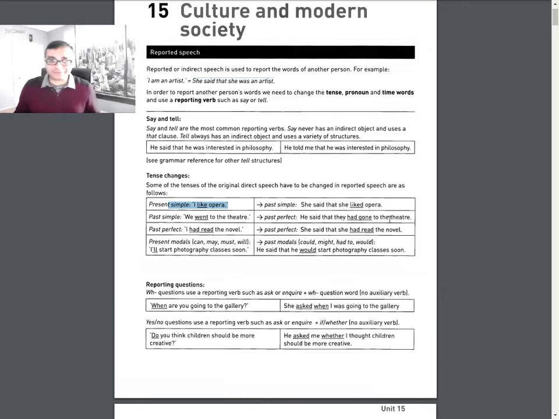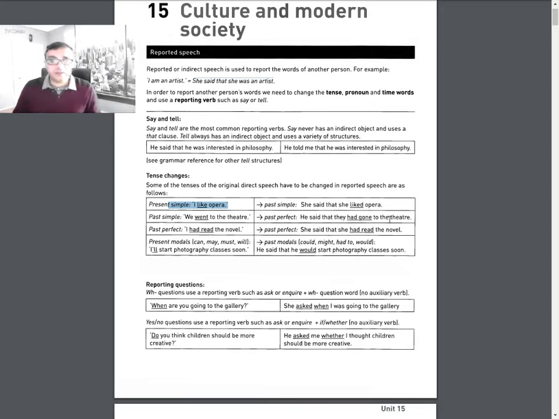For example, past perfect, now we have a perfection of the past, and it will stay as past perfect. I had read the novel. She said that she had read the novel. Because there is no more perfection than the perfect itself. Remember, there is a box and there is outside the box. Sometimes we have to think outside the box. Remember in the grammar forms here.